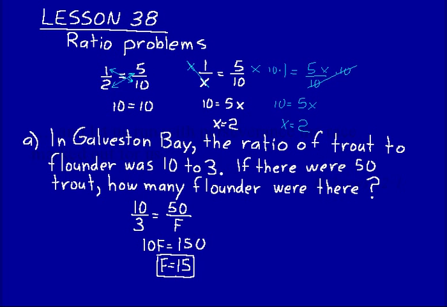So to solve that problem, we had to recognize that we had proportions that we were dealing with here. They told us a ratio of trout to flounder of 10:3. So that told us that if we had one more value that we knew, we could set up a proportion to solve for that unknown. And we knew that there were 50 trout total, so we could figure out the unknown amount of flounder, and that was 15.